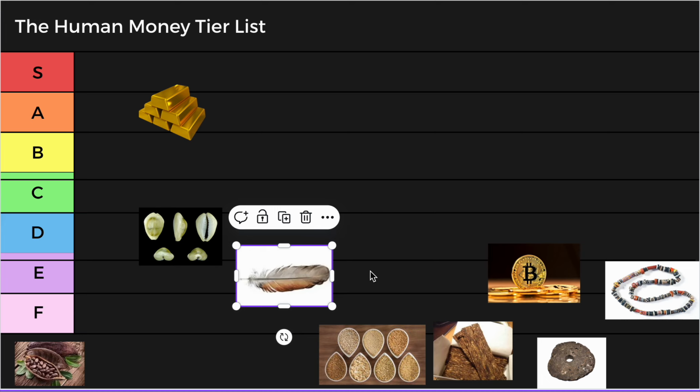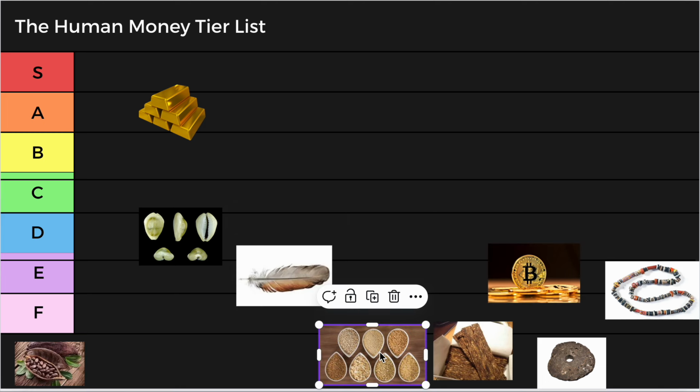But in terms of durability, they're very poor. They really don't offer much utility to anyone, and they're not scarce. They're simply everywhere. But they're pretty easily verifiable. You can tell that a feather is a feather. You don't really need to do any forensic work to tell that a feather is a feather.